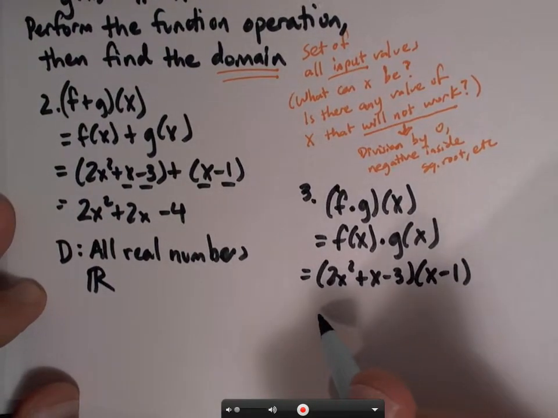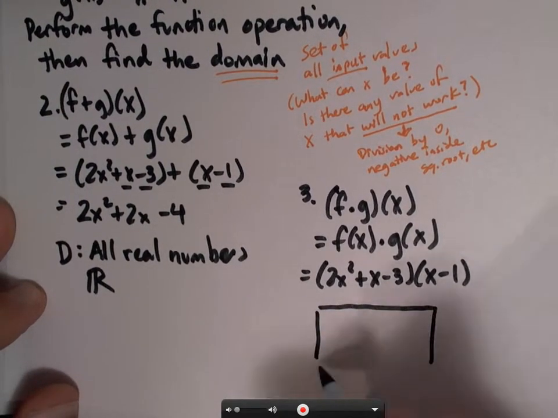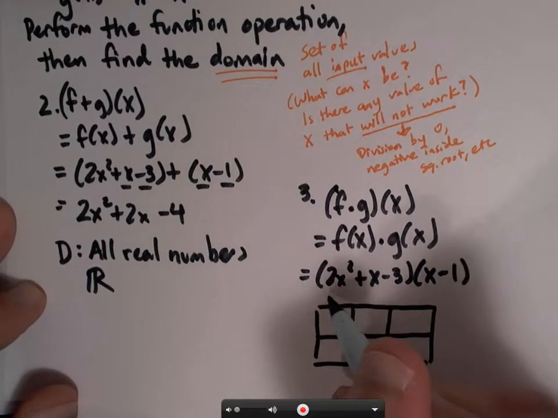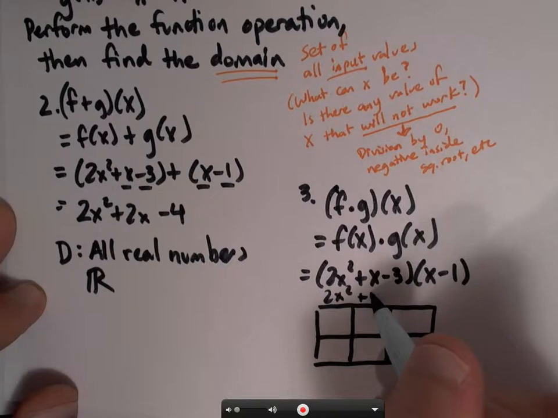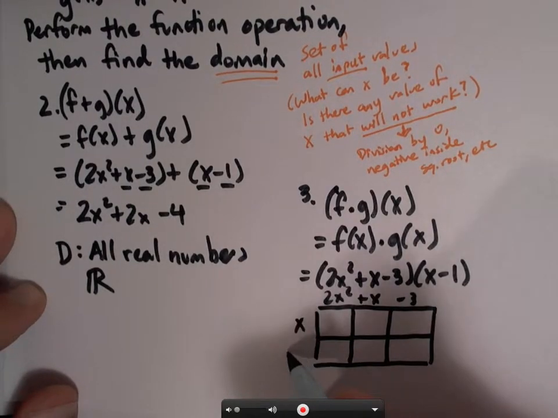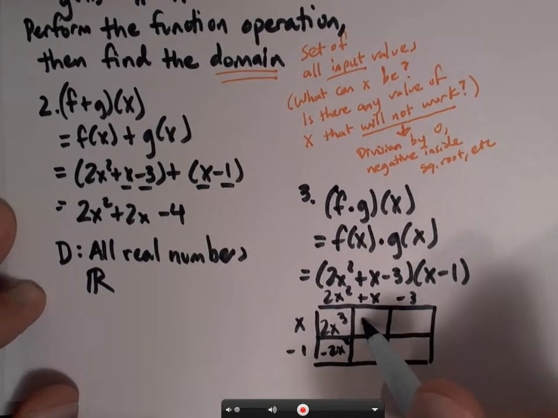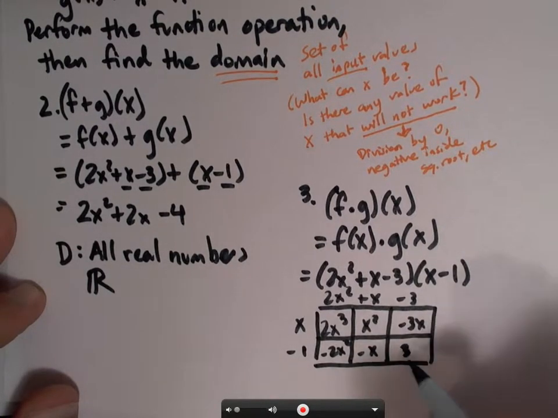I'll go ahead and draw a little box. So 2x squared plus x minus 3, x minus 1. So 2x cubed minus 2x squared plus x squared minus x minus 3x, and negative times a negative is positive 3.